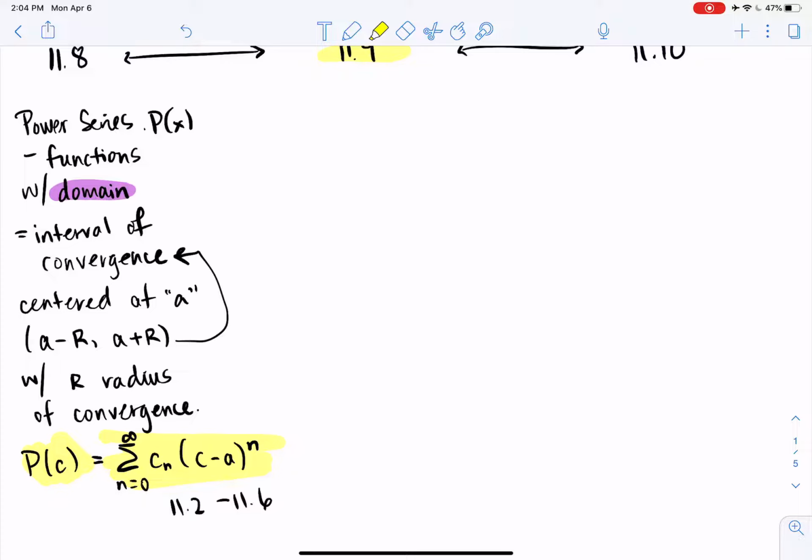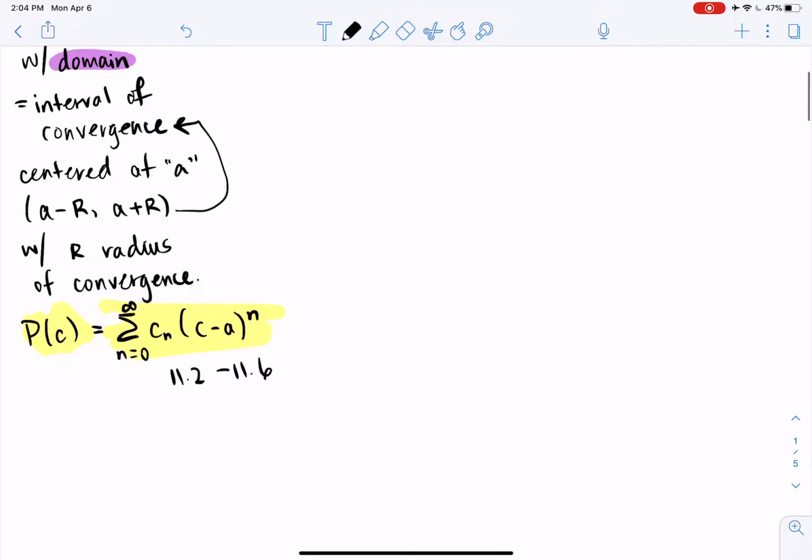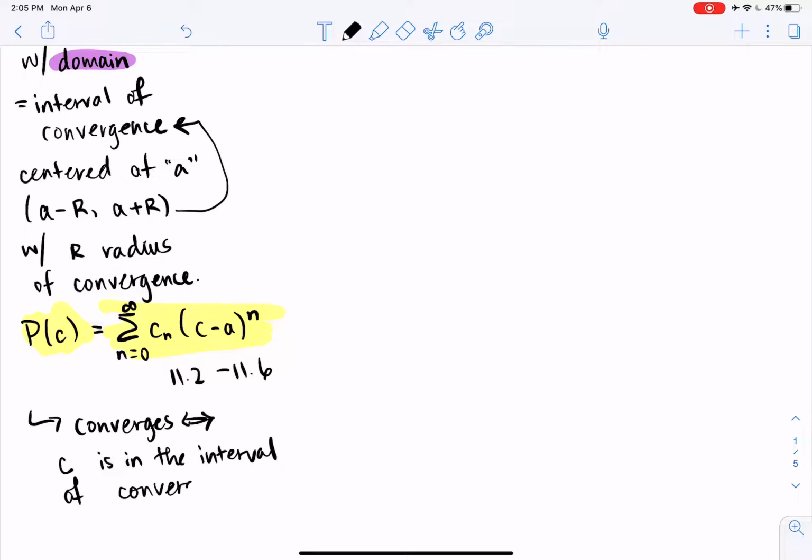And if it converges, that means that that C value was inside of the interval of convergence. So if this series converges, that is equivalent to saying that the value C is in the interval of convergence for your power series, okay?